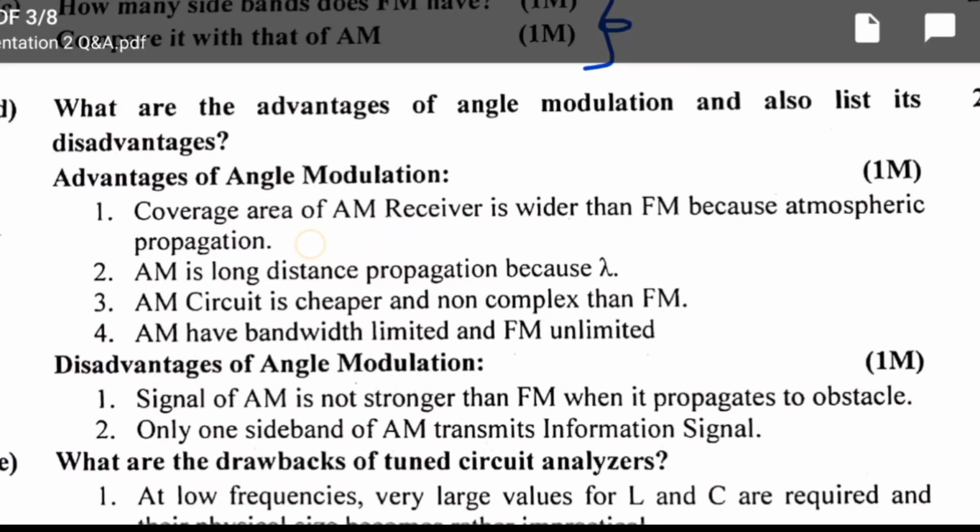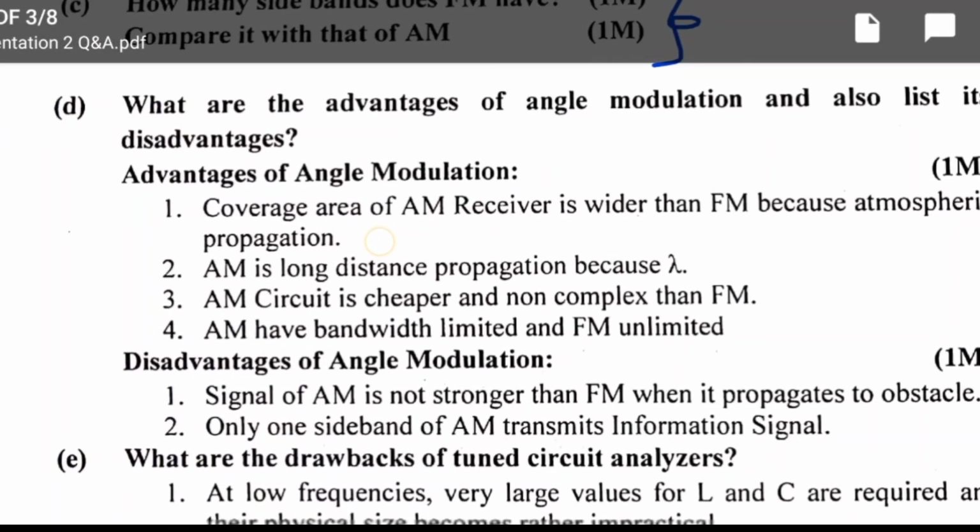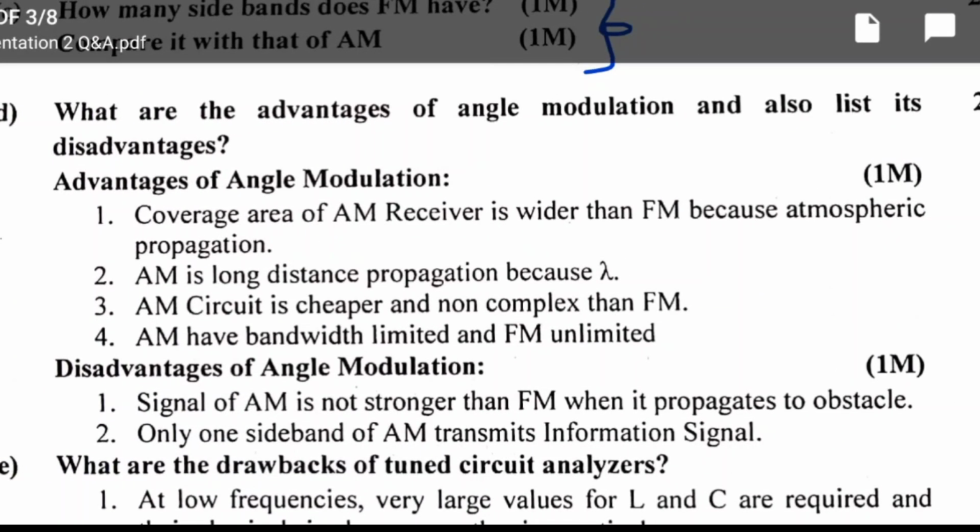The coverage area of an AM receiver is wider than FM. AM has long distance propagation because of the wavelength. Some disadvantages are there: the signal of AM is not stronger than FM.